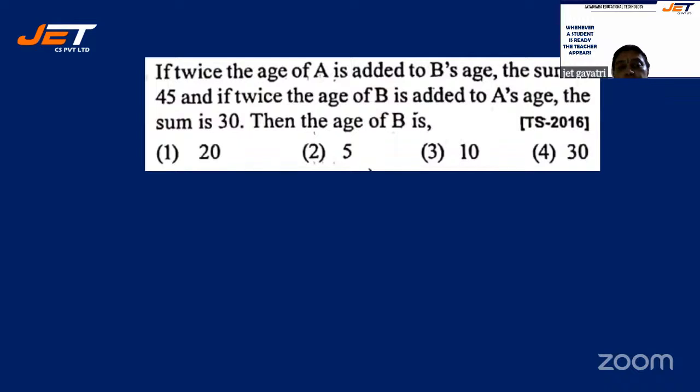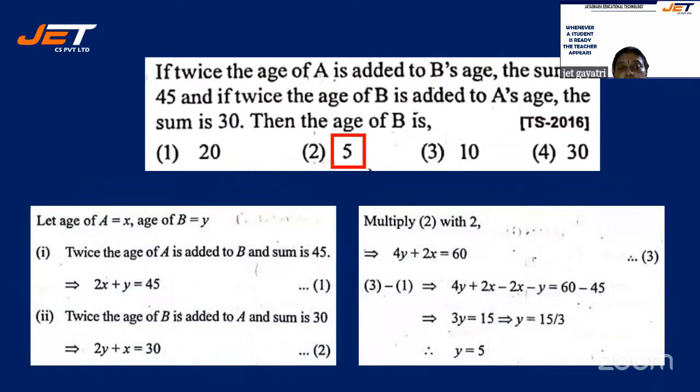Okay. If twice the age of A is added to B's age, the sum is 45. If twice the age of B is added to A's age, then the sum is 30. Now we need to find the value of B. Let the age of A be x, B be y. So 2x + y = 45.